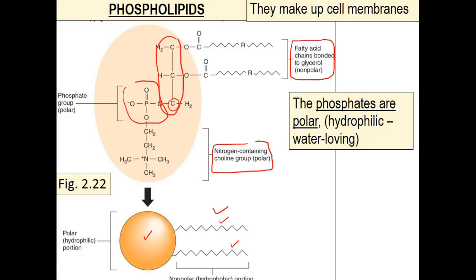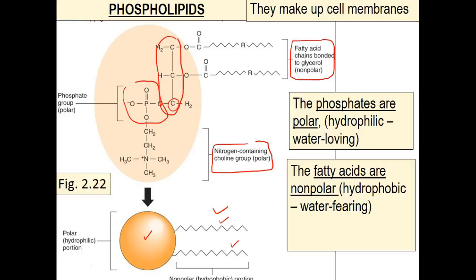And the fatty acids face to the center of the lipid bilayer. Fatty acids are nonpolar, hydrophobic, or water-fearing. And remember, like dissolves in like, so the fatty acid part of the phospholipid turns inward in the lipid bilayer.